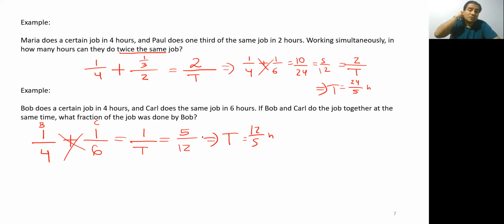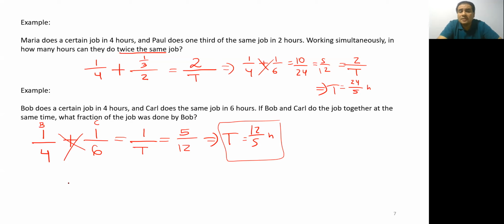But here, the question is not that. The question is, if they did the job together at the same time, what fraction of the job was done by Bob? So in order to know the fraction of the job, we need to use this time. We can propose a simple proportion, right?